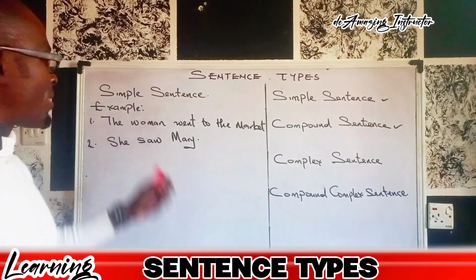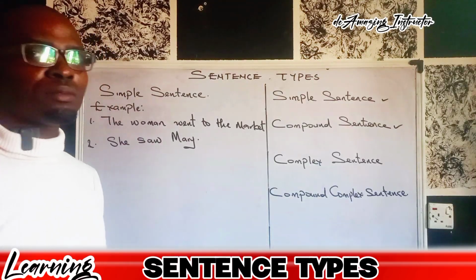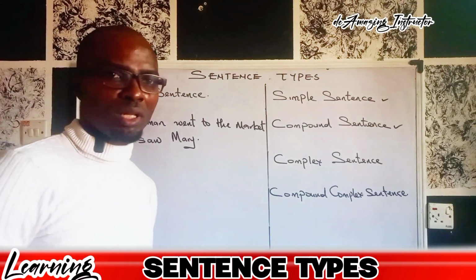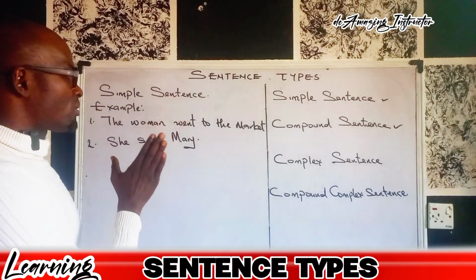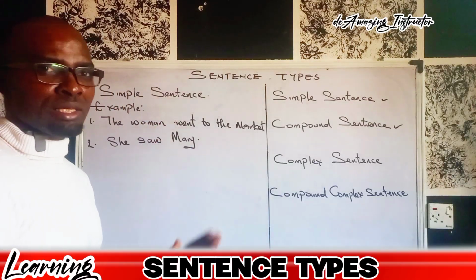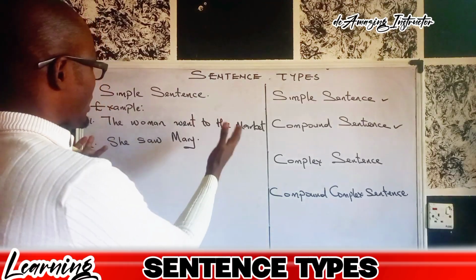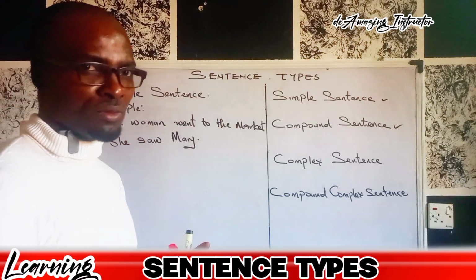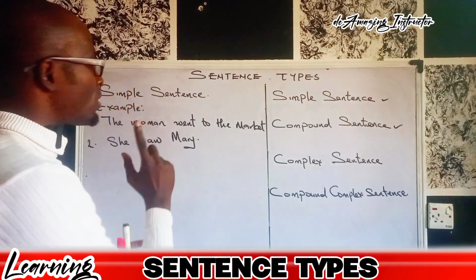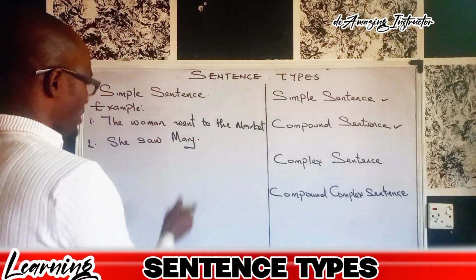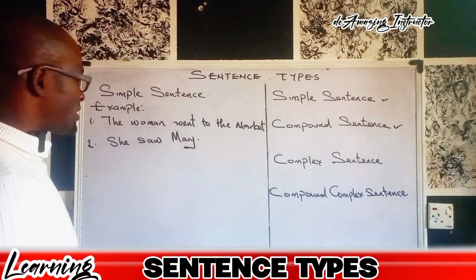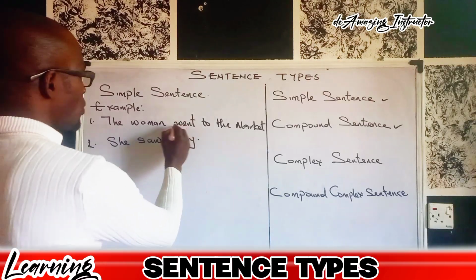Now, the woman went to the market is an example of a simple sentence because it is an independent clause. It is a clause that can stand on its own, and it contains only a single verb. What is our verb here? Our verb here is went.